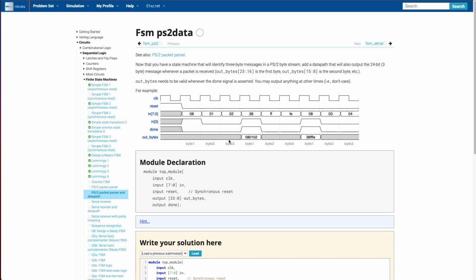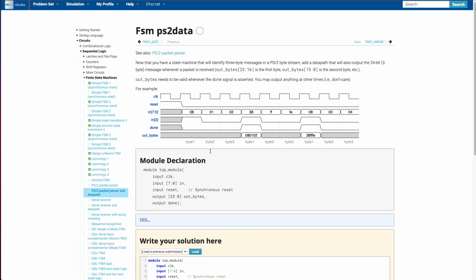So this is don't care, so I can just keep shoving 7, 0 in byte 1 in here. And then on byte 2, I can shove it to 15, 8.